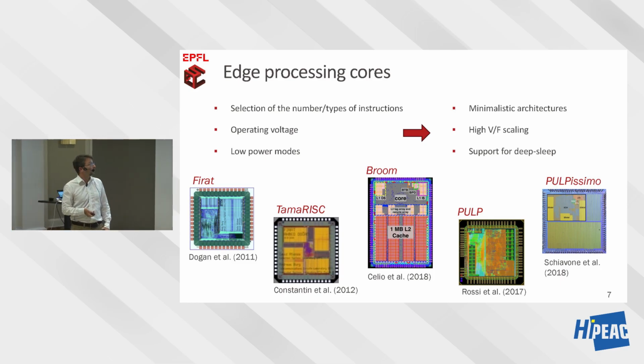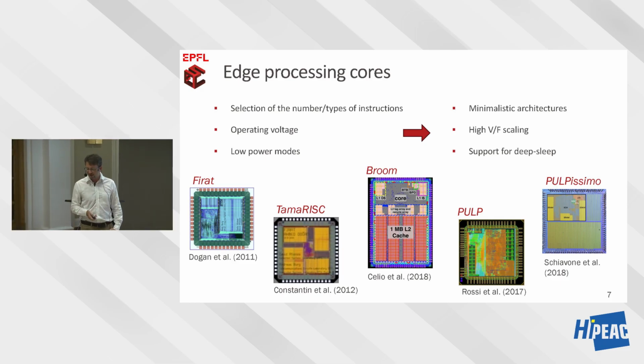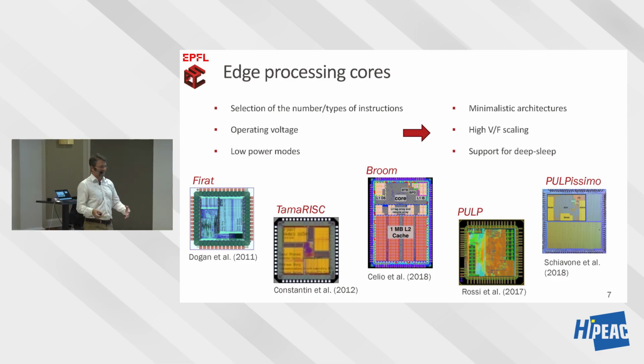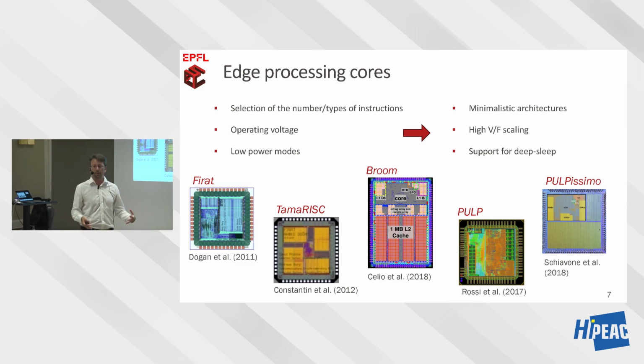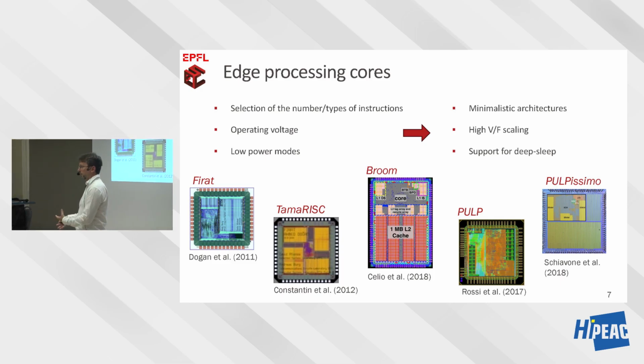The best solutions toward the edge tended towards minimalistic architectures in which the instruction set was very much reduced in order to have simplicity and more efficiency, and which can lead to implementations which have a wide range of possible voltages and frequencies.